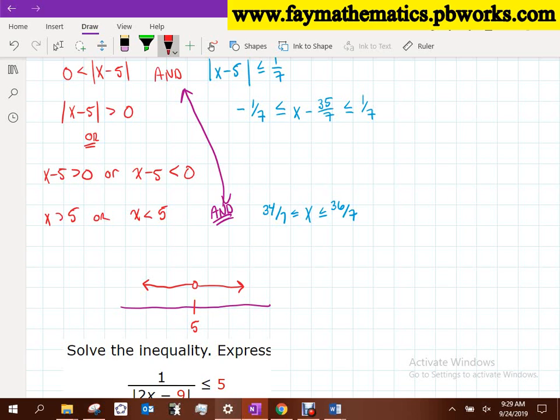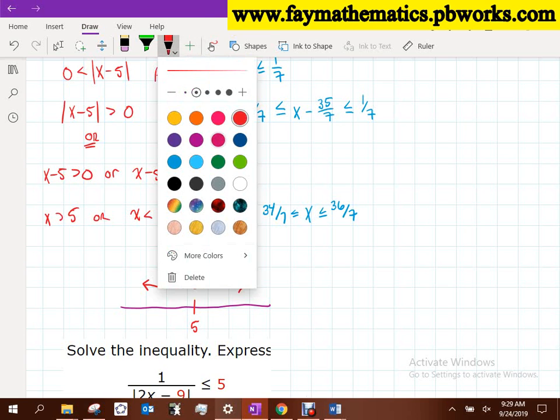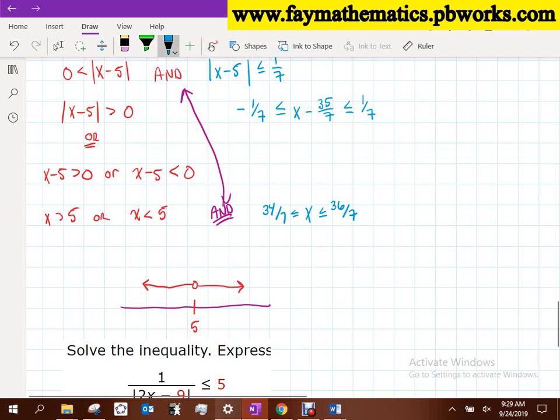Now the blue one, I'm looking for 36/7 and 34/7, so those are just to the right of 5 and just to the left of 5. And what that's saying is that we're going to have x values between those two things, right? Okay, everybody? So now, because of the word and.